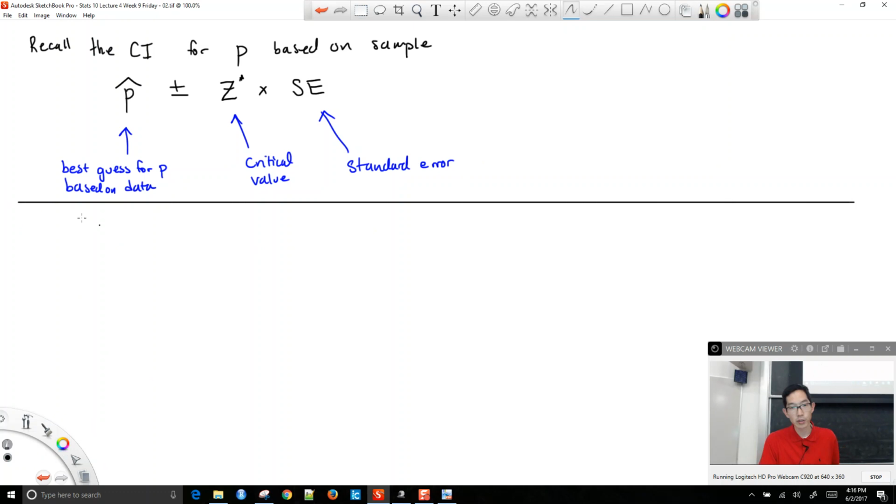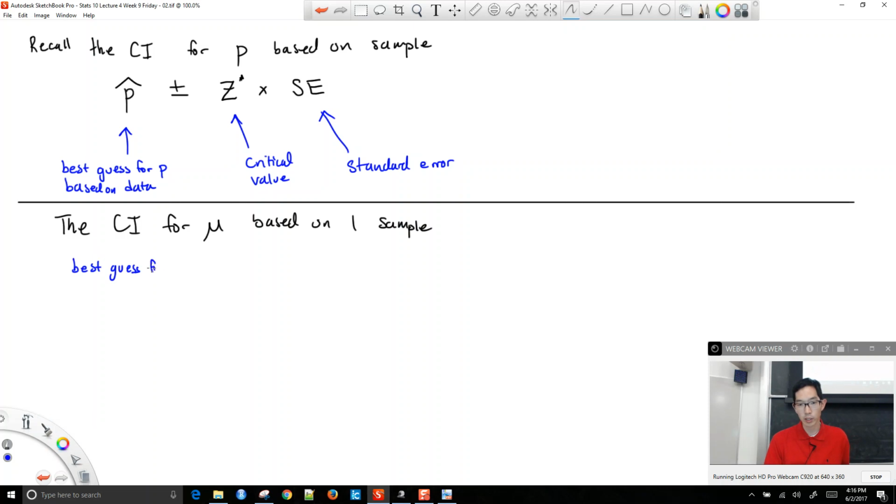Now we'll talk about the confidence interval for mu based on one sample. In the middle, we are going to put in our best guess. Best guess for what? Best guess for mu based on our data. What is the best guess for what mu is based on our data?